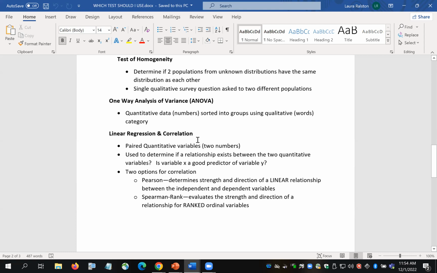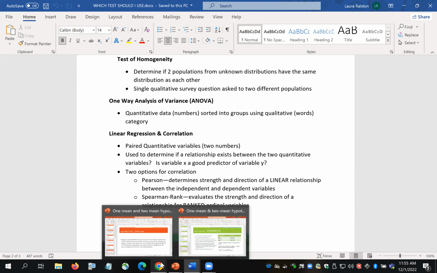So we've got to ask ourselves, is there a relationship between the year and the time? And then if there is, can we create a model of that relationship and make predictions? So this one's a little bit different. It's not just a pure hypothesis test.